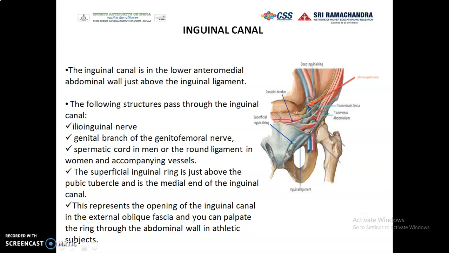The superficial inguinal ring is just above the pubic tubercle and is the medial end of the inguinal canal. It represents the opening of the inguinal canal in the external oblique fascia, and we can palpate the ring through the abdominal wall in athletic subjects.